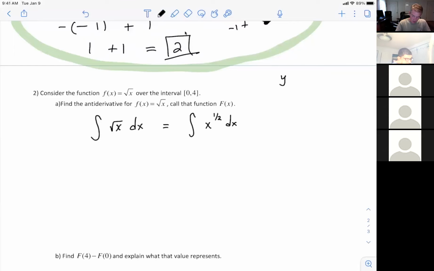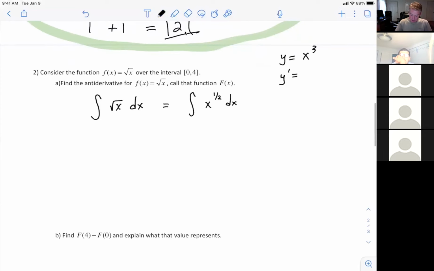So when you have something like x cubed and you're taking the derivative, so this is just a real quick review of how to find an antiderivative. So to find a derivative, you multiply by 3 and then you subtract 1 from the exponent. So that's going this direction to find the derivative.